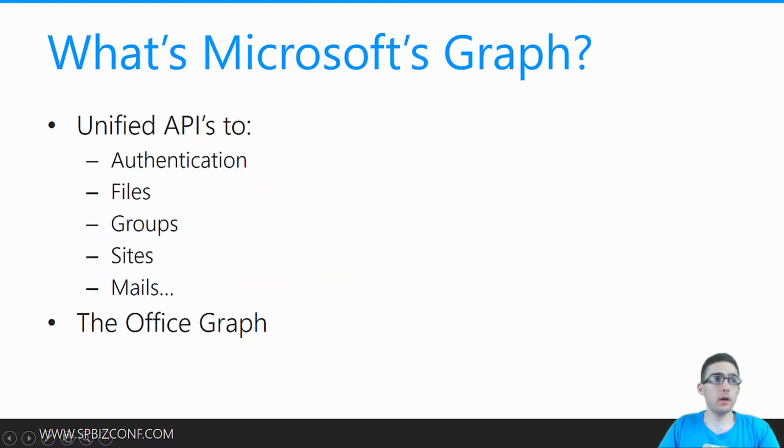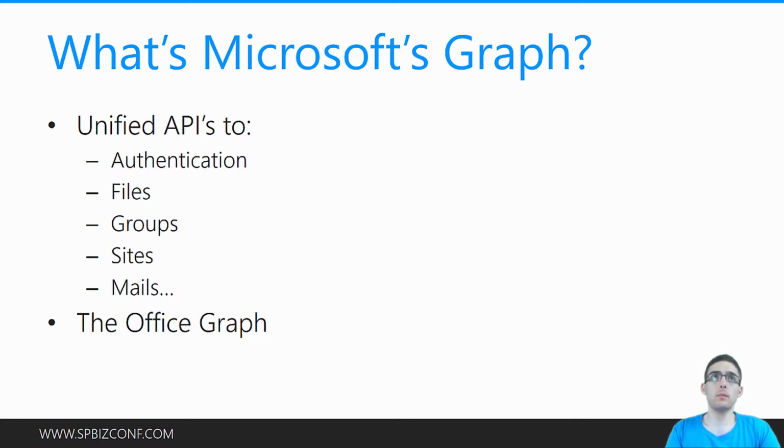So when Microsoft is talking about the Microsoft Graph, they are actually talking about multiple things. We are first talking about the unified APIs. I don't know if most of you have been developing for Office 365 lately, but six months ago, or maybe eight months ago, Microsoft came with a new API and a new way to access workloads in Office 365.